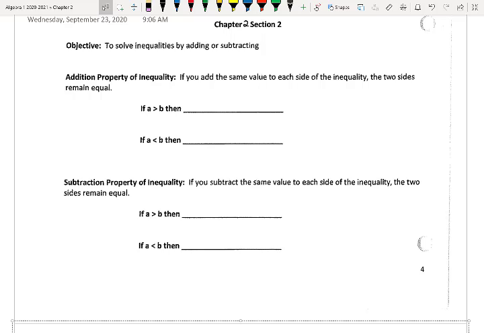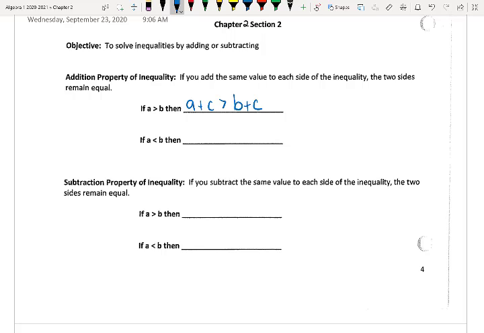So our addition property of inequality says that if I know that A is bigger than B, and I add something to both sides of my inequality, if I add the same something on both sides, A plus C is still going to be greater than B plus C, because A was originally bigger than B. So if I add the same thing on both sides, those numbers are still correct in terms of my inequality.